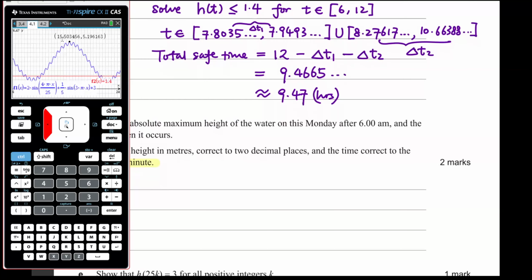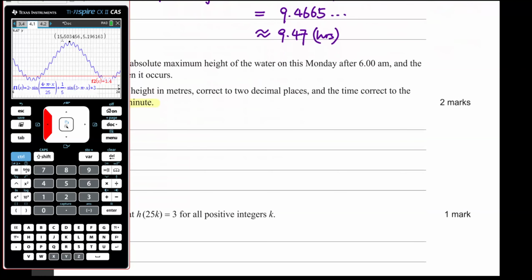So what I will say is, t equals 15.503 something, 34 hours. And this is 15:30, or 3:30 p.m. on Monday.